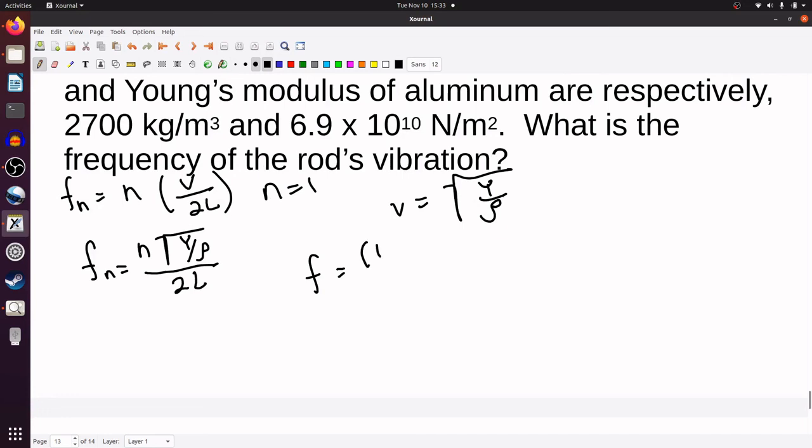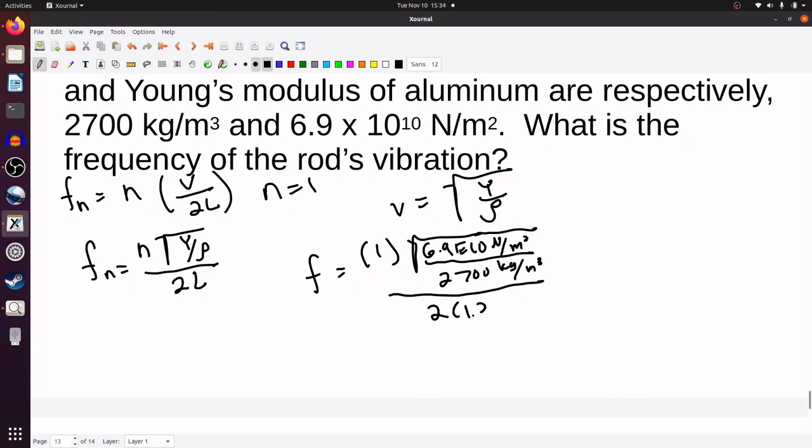Frequency will be 1 times the root of 6.9 E10 newtons per square meter divided by the density, which is 2,700 kilograms per cubic meter, all over 2 times 1.2.